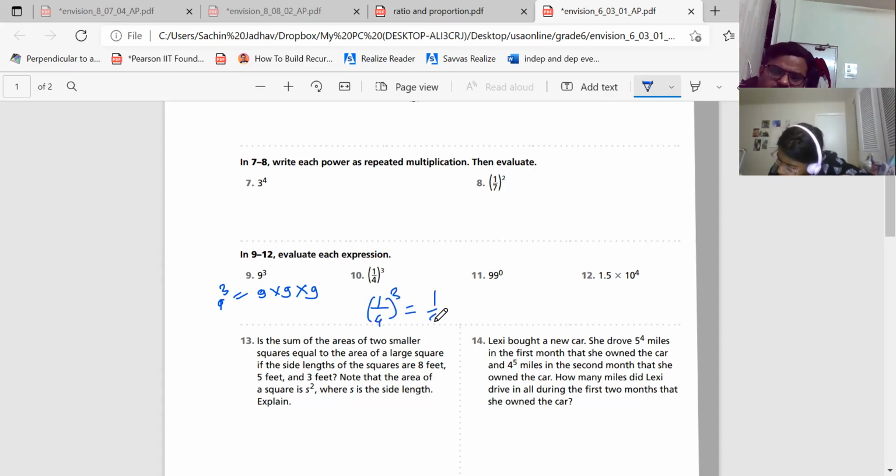It means 1 over 4 multiplied 3 times. So what is the multiplication of 1 over 4 into 1 over 4 into 1 over 4? It becomes 1 into 1 into 1, that is 1. 4 into 4 into 4, that is what? 64. 4 fours are 16, 16 fours are 64.